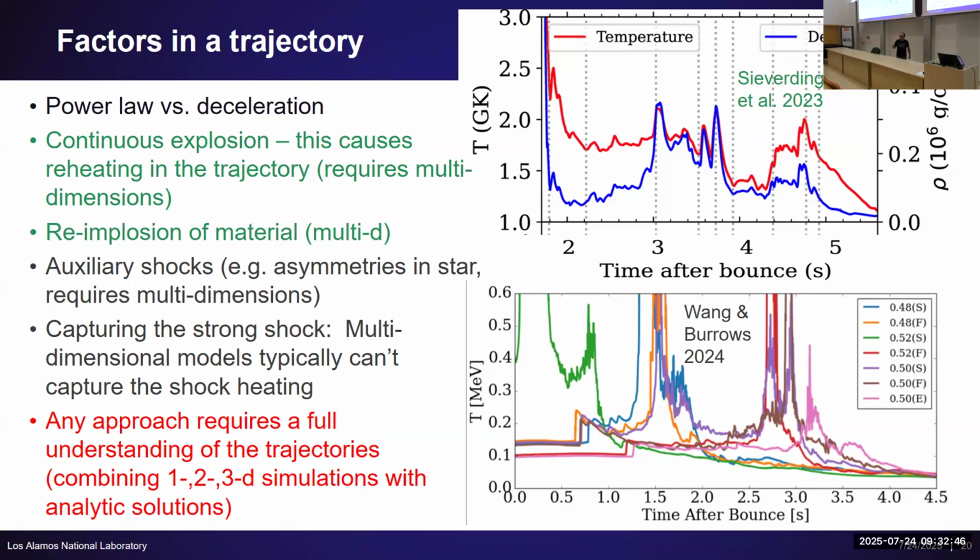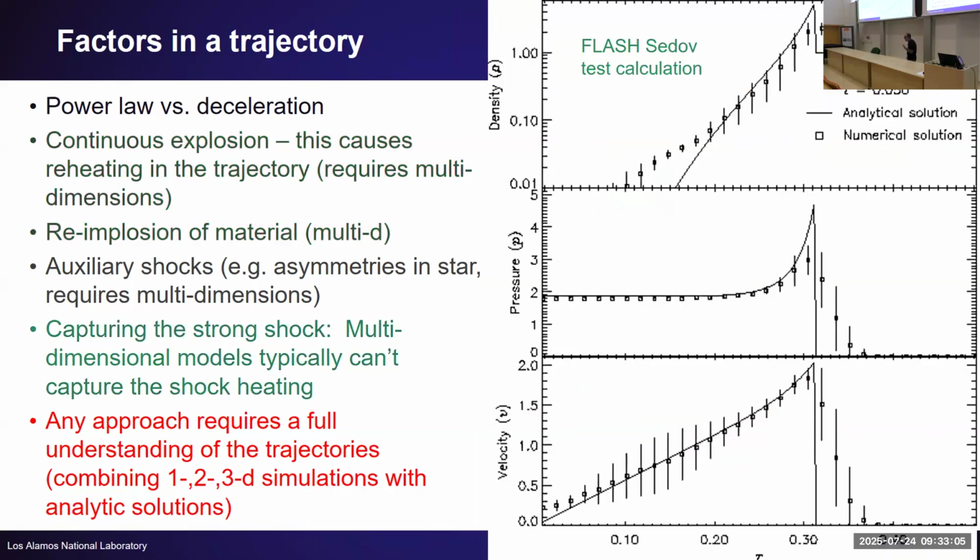The way we're going to solve this is you take the 3D models, you take our 1D understanding, you take our analytic understanding, and you try to come up with realistic trajectories so we can understand the uncertainties. So this is not a solution that you can get just by doing better and better 3D simulations. If you didn't already know this, most people make their 3D hydrocode, then do the Sedov solution.